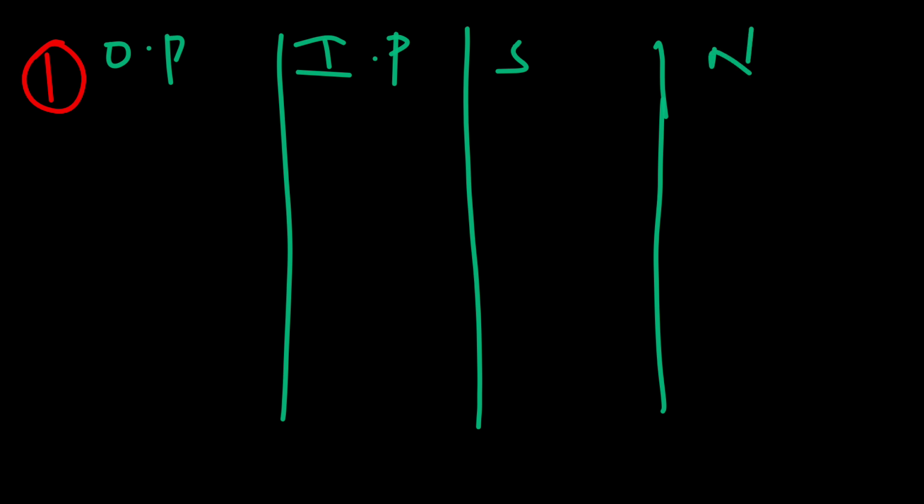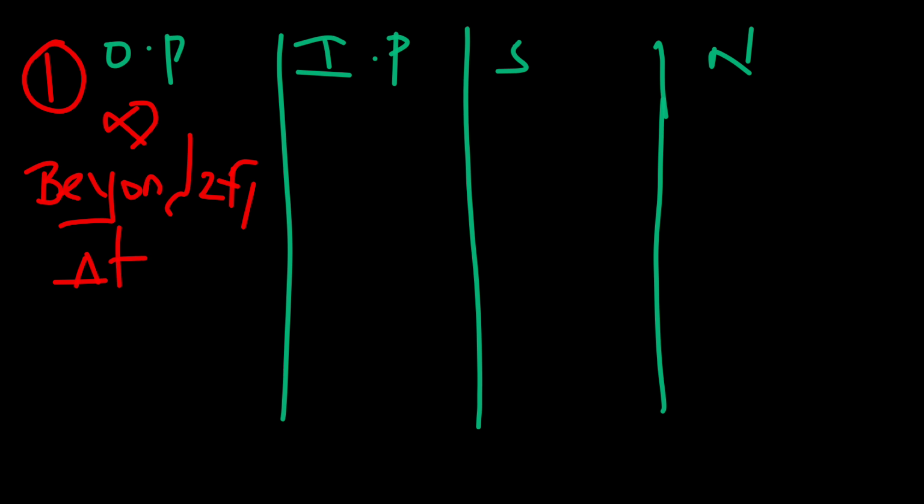Right. So first situation, okay, let's draw the object positions one by one. First situation, object is at infinity, and second situation, you have to bring the object a little bit closer to the lens, so it is beyond 2F1, right? Third situation, object is at 2F1. Fourth situation, object is in between F1 and 2F1.